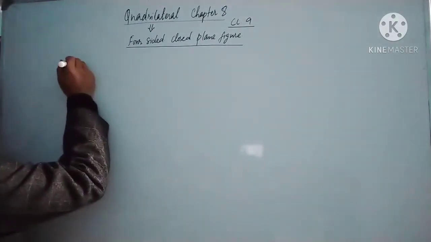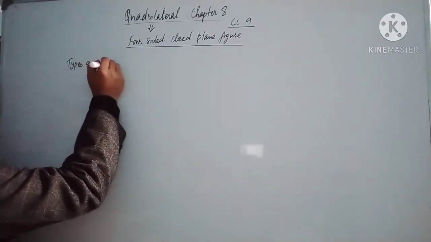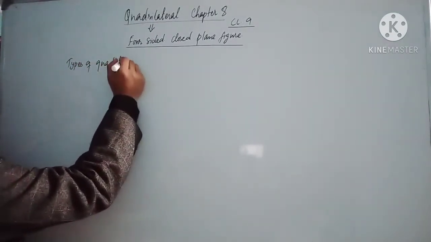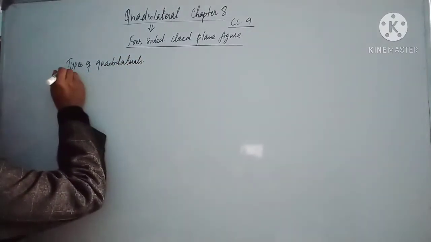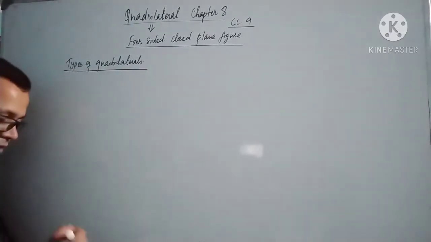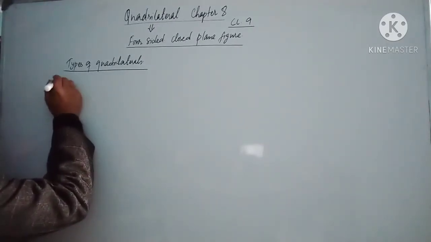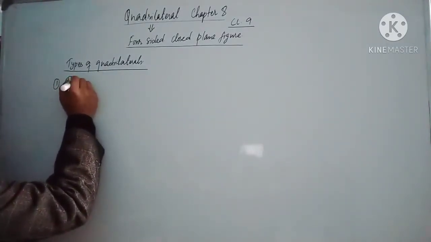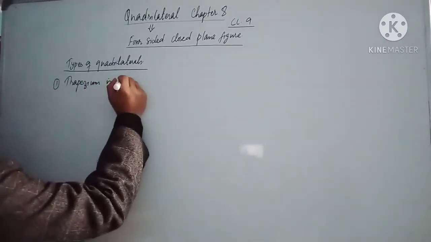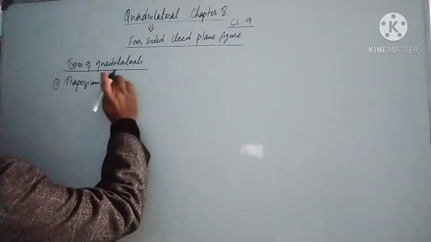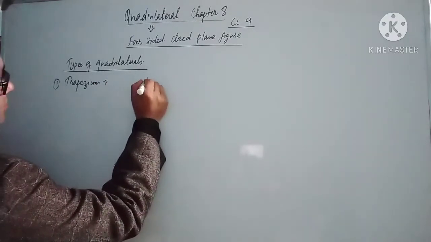Now, types of quadrilaterals. There are different types of quadrilaterals, like number one is trapezium. Trapezium is one kind of quadrilateral.